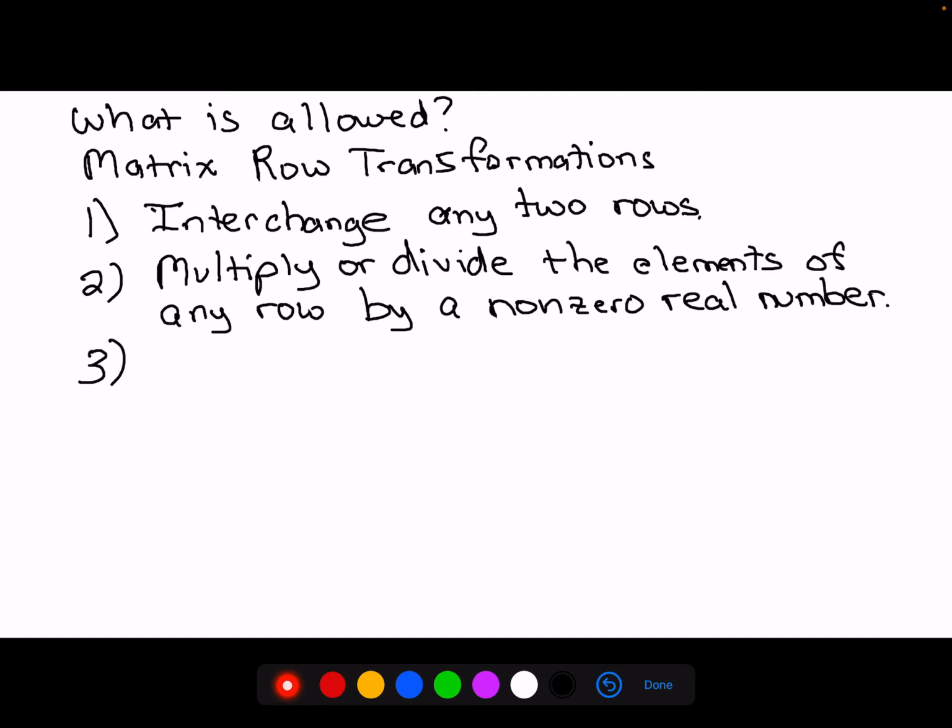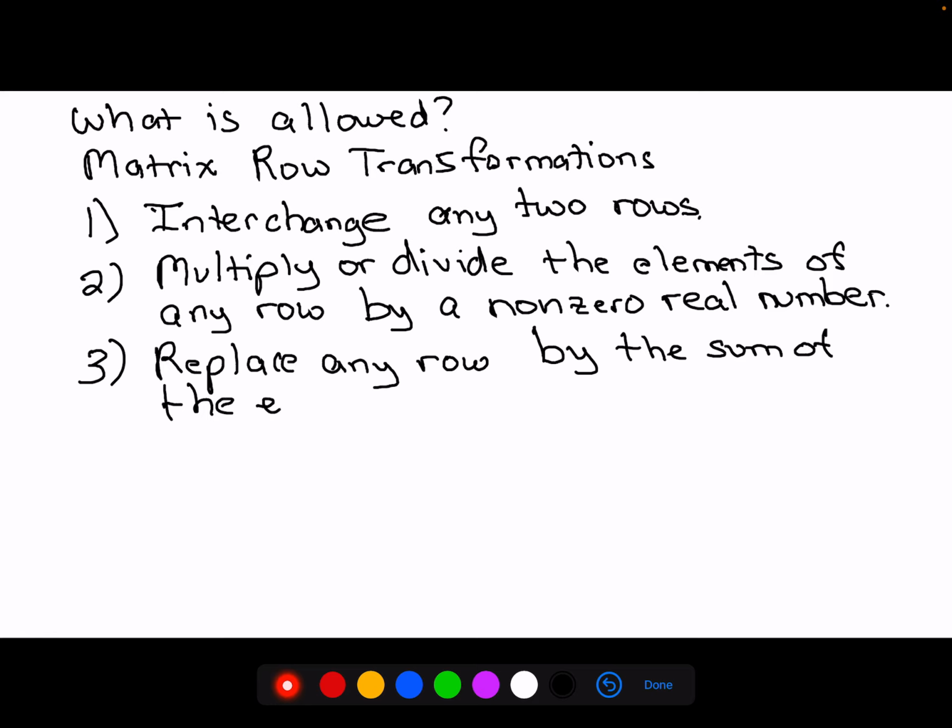And then you can always replace any row by the sum of the elements of that row and a multiple of the elements of the other row.